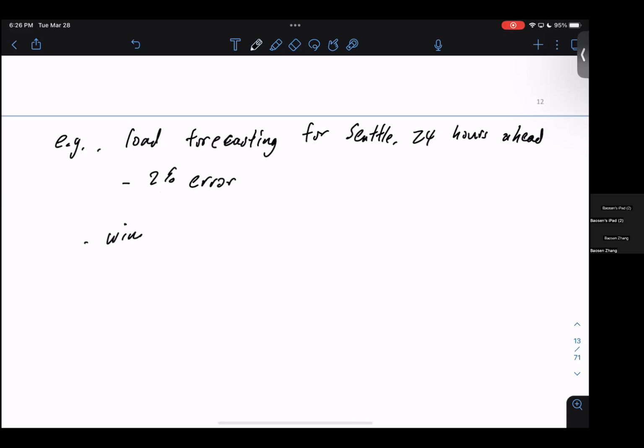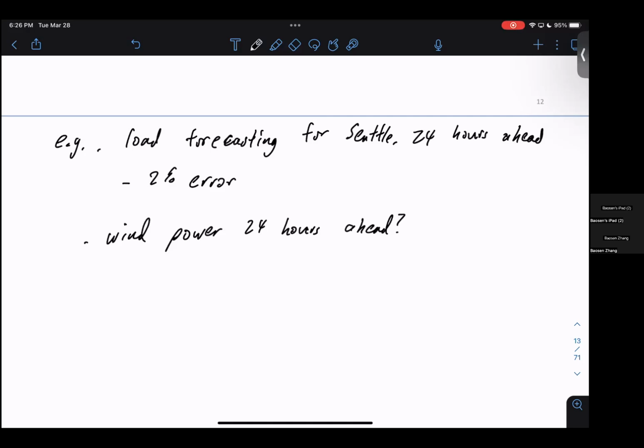How about wind? Let's say now I have a wind turbine, and I want to forecast how much power this turbine will produce. Again, a wind turbine is not really controllable. It's not like a gas plant, where you tell it how much to generate. Wind power is just however much wind it gets.